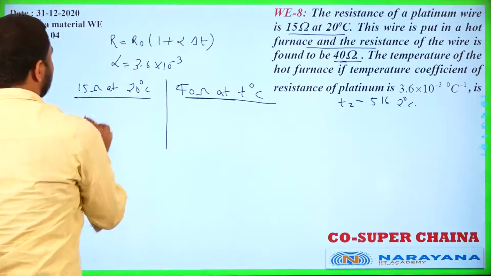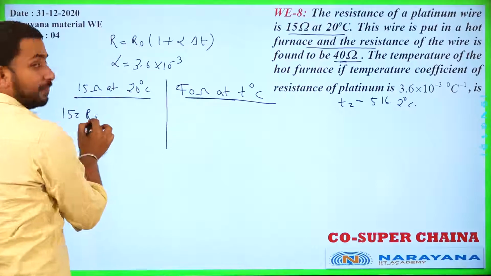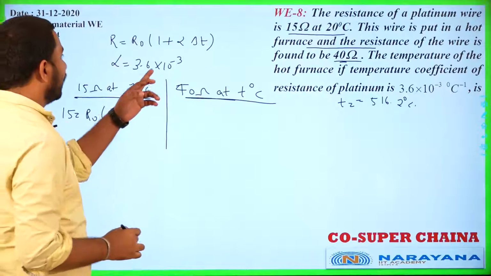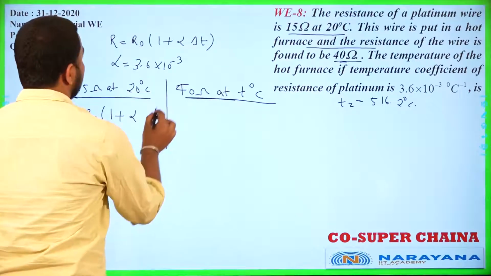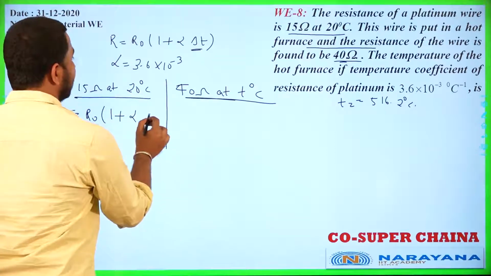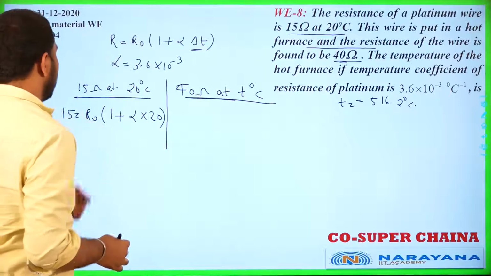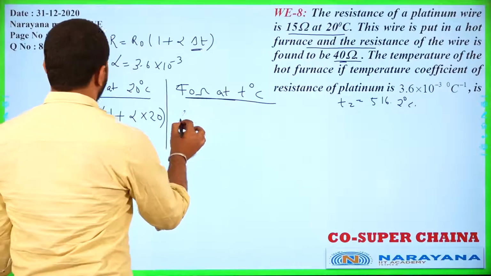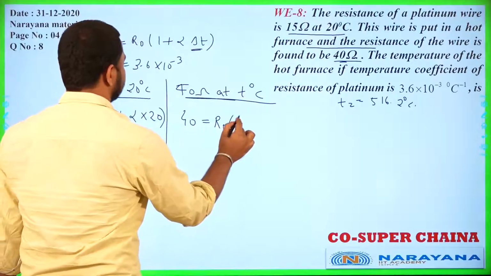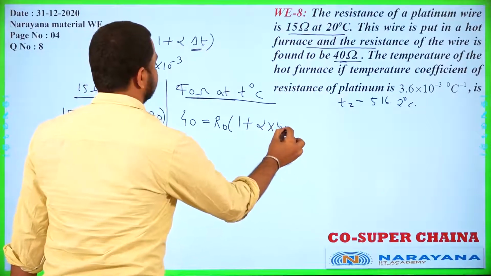So we'll write 15 is equals to R naught, we'll keep as it is, (1 plus alpha into delta theta), and delta theta will be 20 here. So this will be our equation 1, and for equation 2 it will be 40 is equals to R naught (1 plus alpha into T).